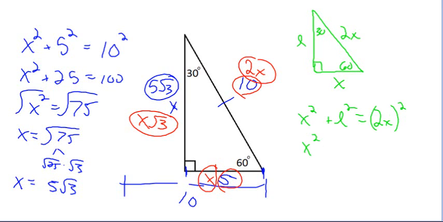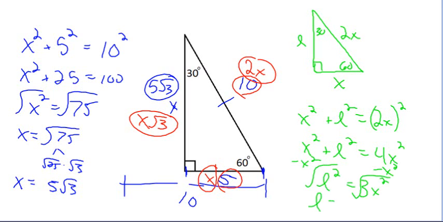So that means x squared plus L squared is equal to 4x squared when I square both terms inside the parentheses. When I subtract my x squared, I get L squared is equal to 3x squared. And when I square root, I get L is equal to, well, the square root of 3 I can't really do much with, but the square root of x squared is just x.